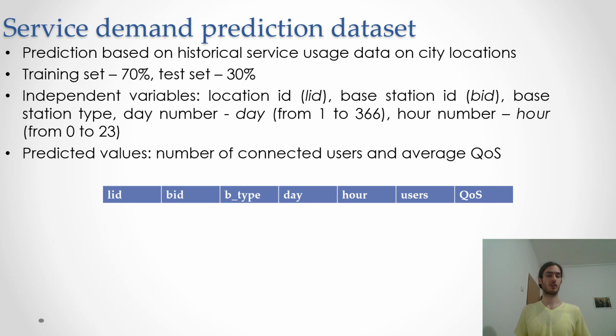The predicted values on the other side are the number of connected users and average quality of service for a given location at a particular day and hour. The training set was 70% of the available data, and the test set was 30%.